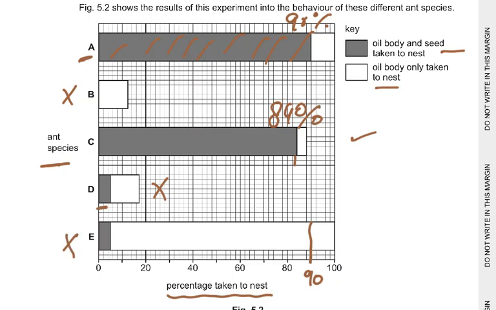And E was also useless because they took the oil body but they did not take the seed. Seed was only a little portion, this one here and this one here. B was totally useless because it only took the oil body, not the seed.